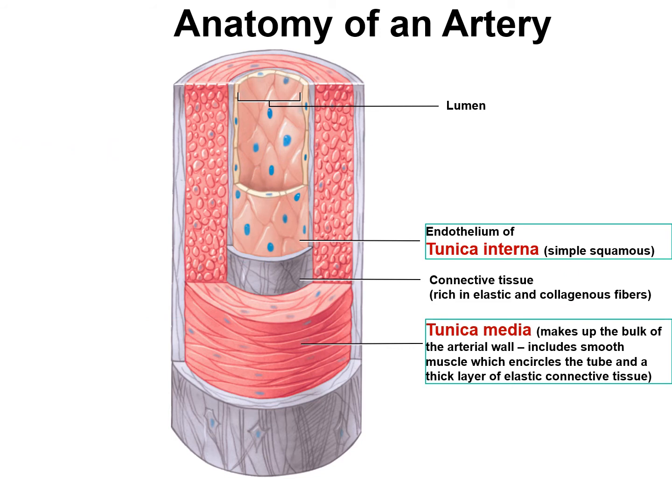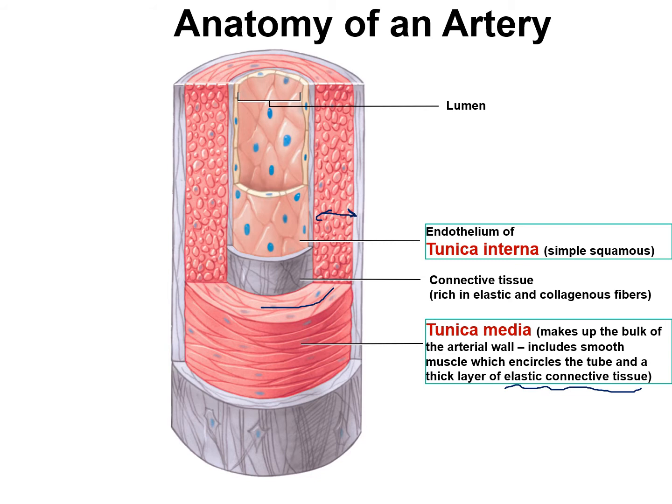Outward from the tunica interna is the middle layer, the tunica media, making up the majority of the wall of the artery. And notice here we have primarily smooth muscle, as evidenced by the red coloration. But also notice it indicates the presence of a lot of elastic connective tissue.